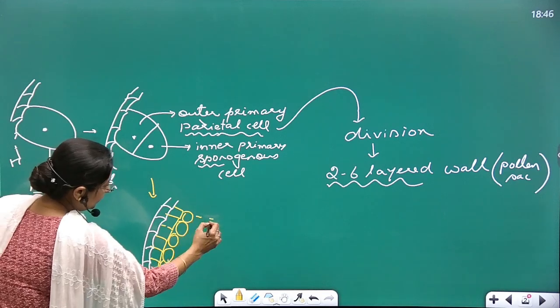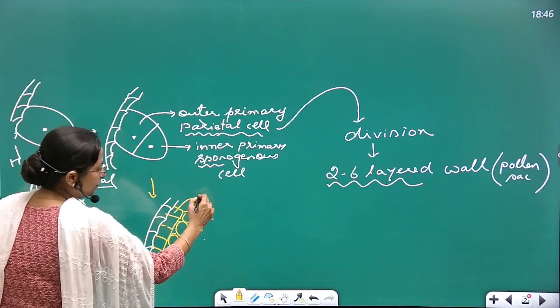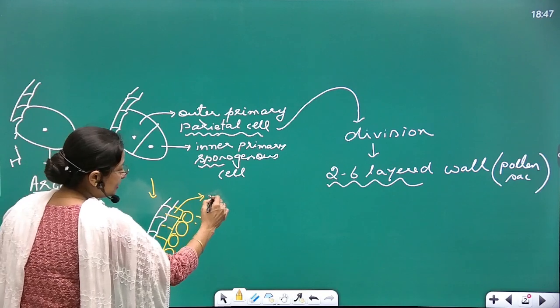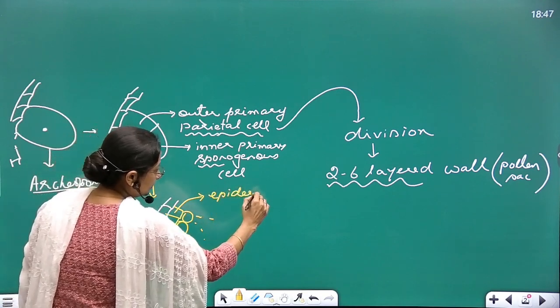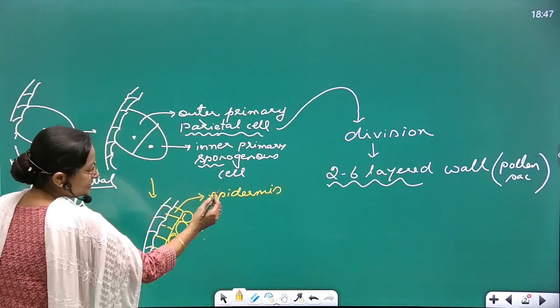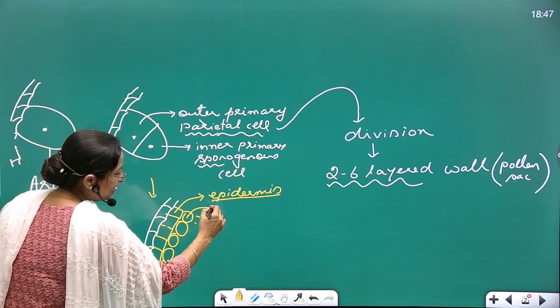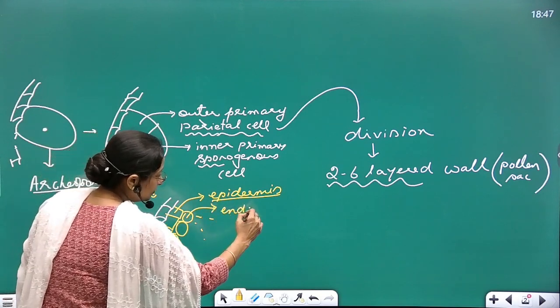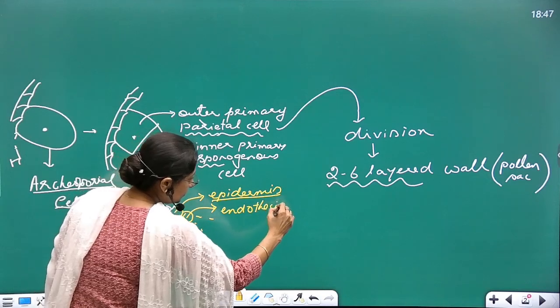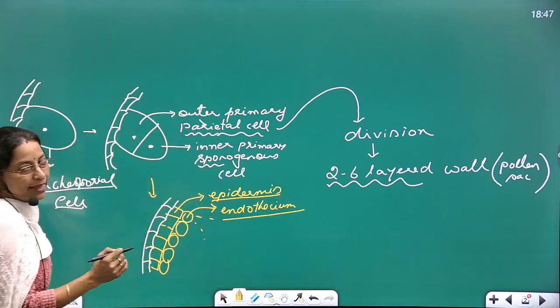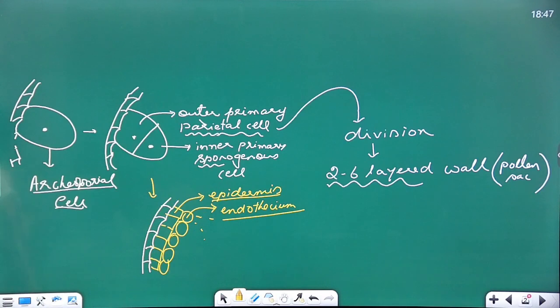They will be forming layers. The outer layer we discussed in the last class was called the epidermis, single layered. The next layer that we discussed was the endothecium, single layered.